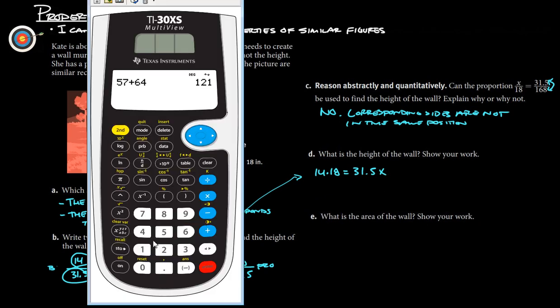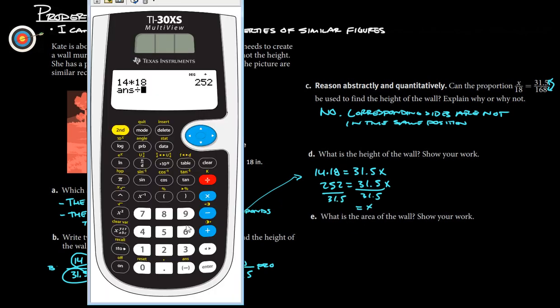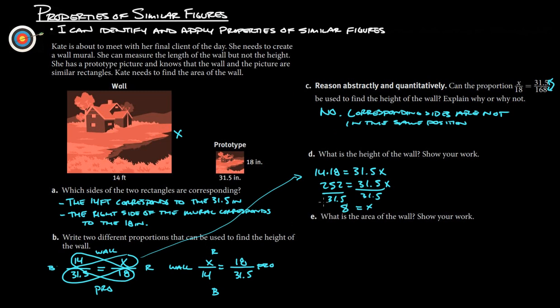So we just have to figure out what 14 times 18 is, and that is 252 equals 31.5x. Divide both sides by 31.5, and that should tell us what x is. So take 252, divide by 31.5, and we get that x, this side here, is going to be 8 feet.